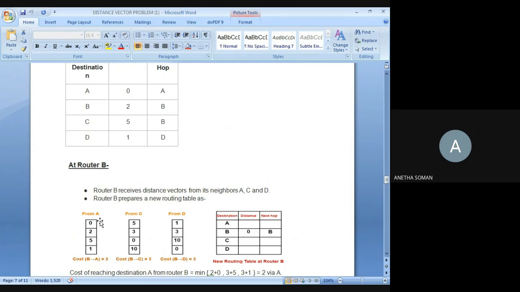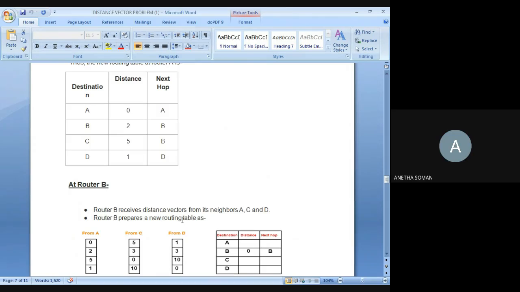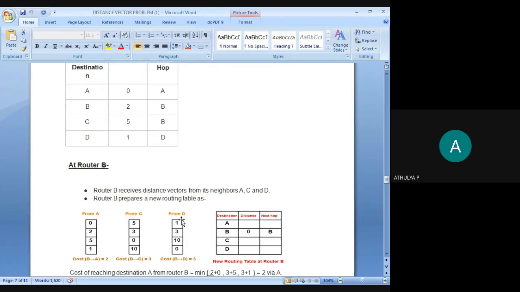Add up the first values. 2 plus 0, 3 plus 5, 3 plus 1. So which is the minimum value? 2, via A, right? The first value only you got as minimum, right? That is the route value you are writing for A.